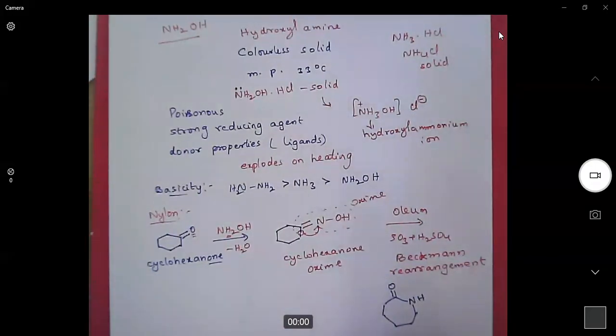This is called a cyclic amide. Cyclic amides are called lactams. This one is called caprolactam. Capro means 6 carbons, because this ring has 6 carbons, it is capro.